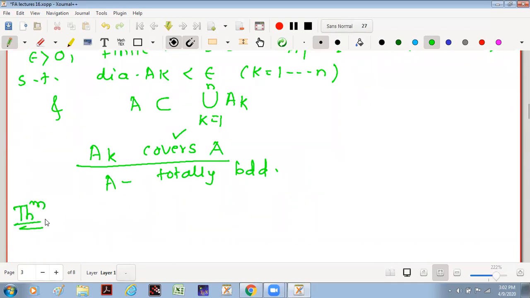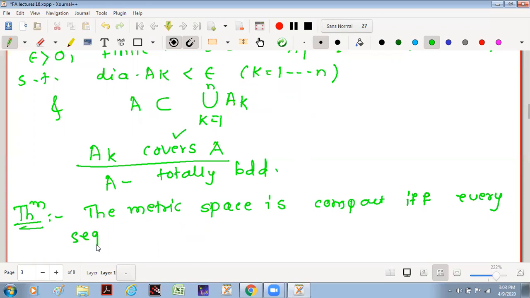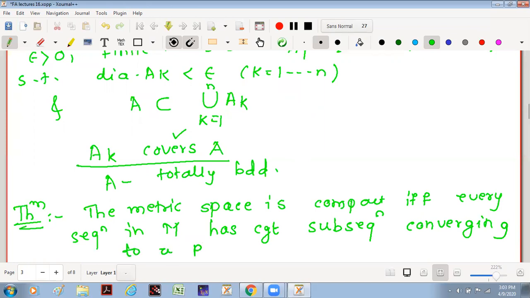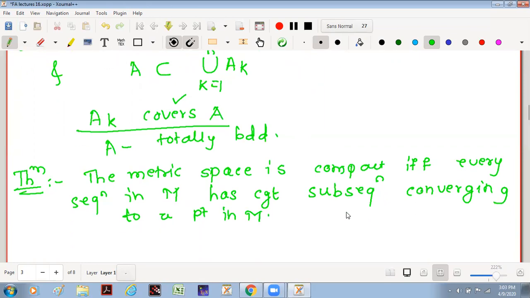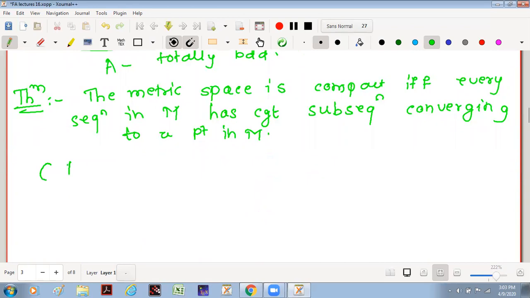Also, we are using one basic theorem which we studied at graduation level: a metric space is compact if and only if every sequence in M has a convergent subsequence converging to a point in M. If someone wants to go into detail, you can refer to the book Mathematical Analysis by R.R. Goldberg.